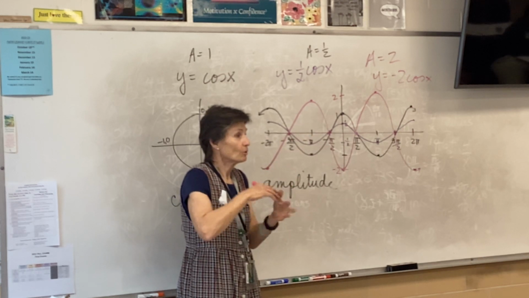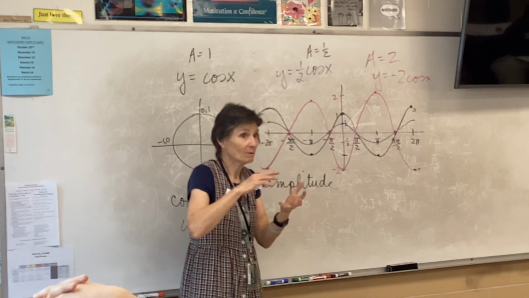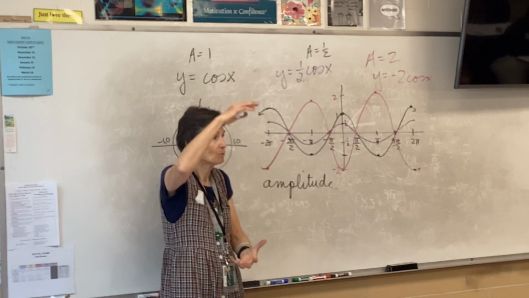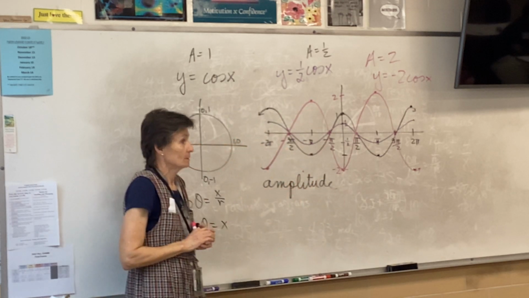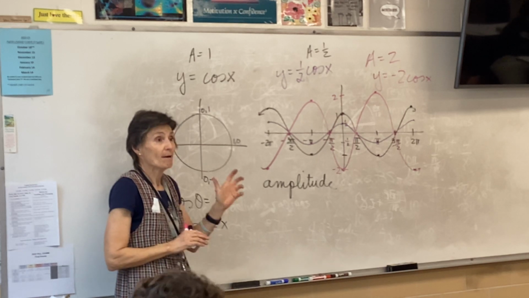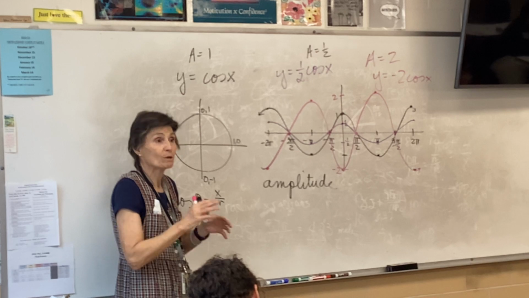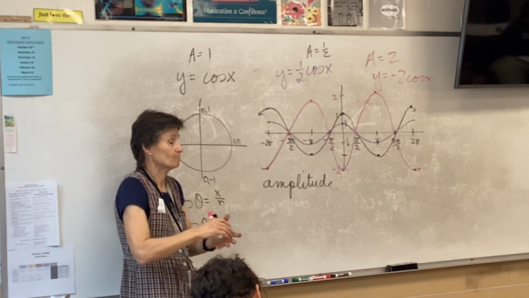And have you ever heard people refer to an amplifier, right? Guess what an amplifier does to a sound wave? It changes the amplitude, okay? AM radio, amplitude modulation. Those frequencies, actually frequency is not a good word, but it changes the amplitude.